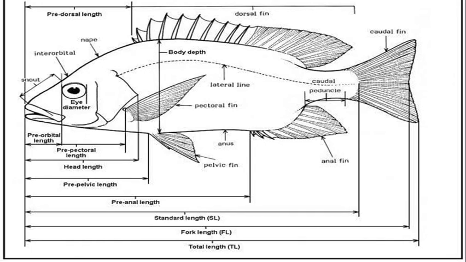So I hope this video will be helpful for you to identify a fish on the basis of different types of lengths, compared to the total length or standard length as a percentage. That will be helpful in the identification of fish.